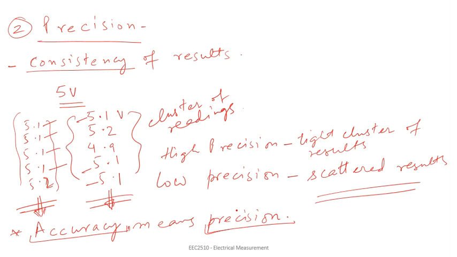Precision is a measure of the degree to which successive measurements differ from each other, and sometimes the term precise means sharply or clearly defined.